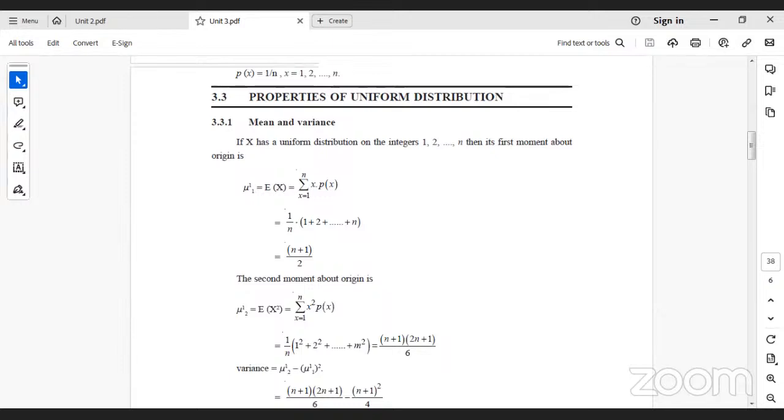The second moment about the origin is mu2 dash is equal to E of x square, which is the summation of x from 1 to n of x square times P of x, that is 1 by n, 1 square plus 2 square plus 3 square and so on, that is n plus 1 into 2n plus 1 by 6.